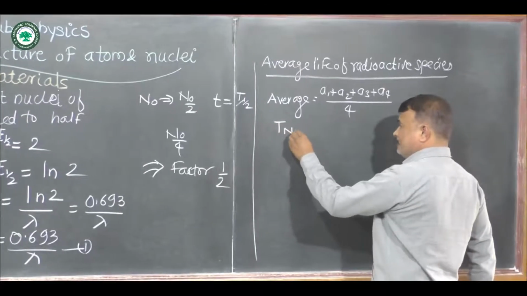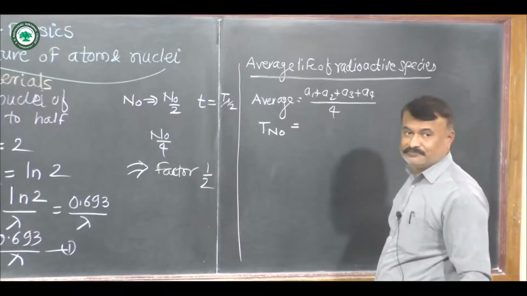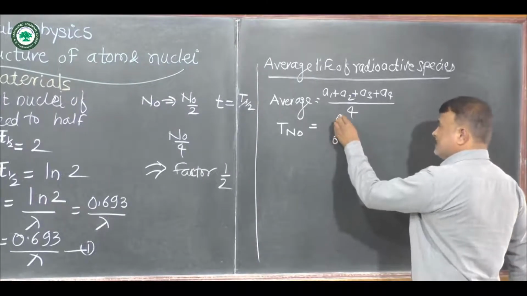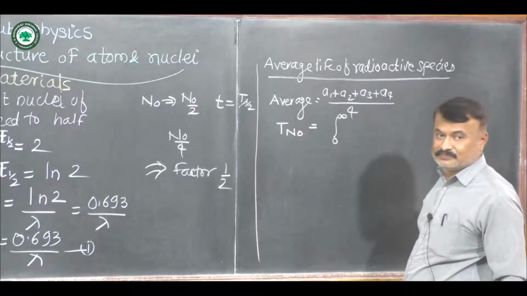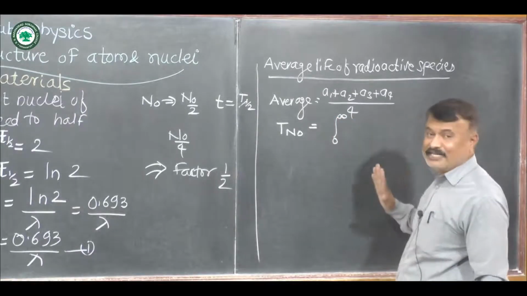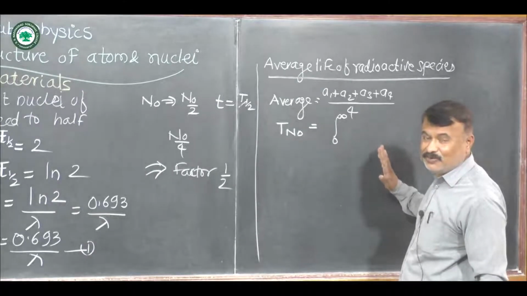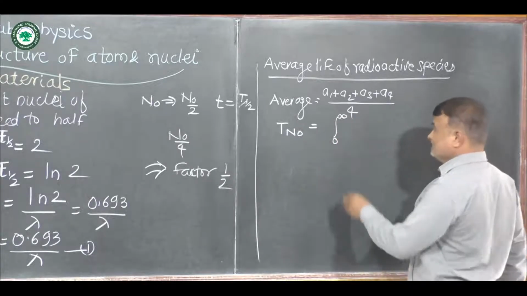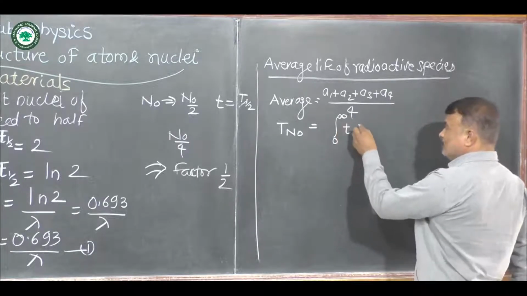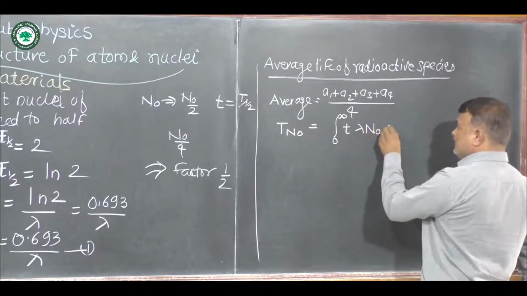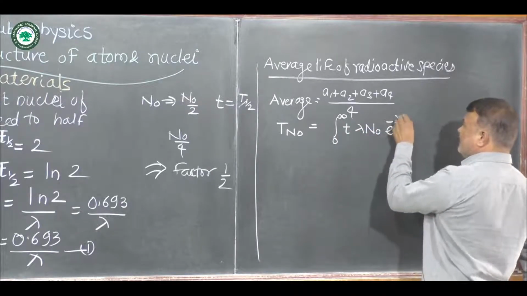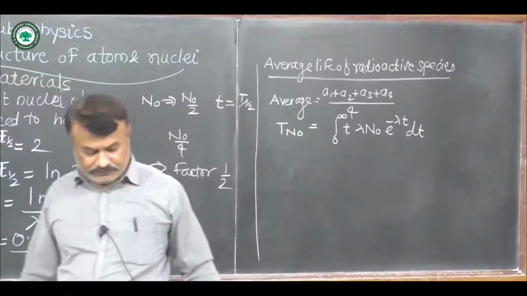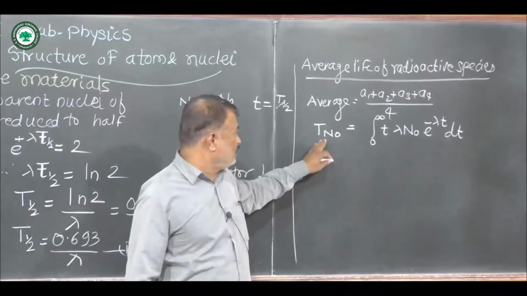For the time for N0, the time starts from 0 and goes to infinity, because all these radioactive species take different times for decay. So we have small t into lambda N0 e raised to minus lambda t into dt. In this way we find T N0.